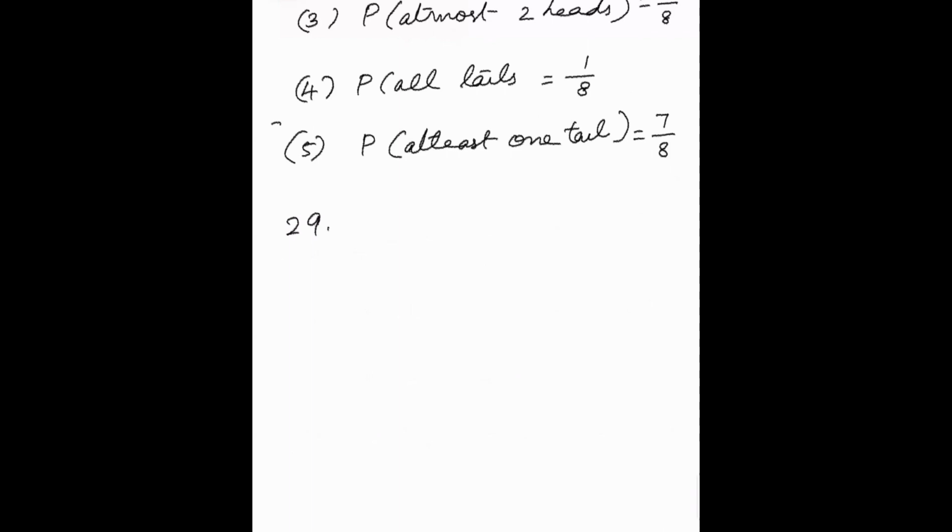Next question is, cards marked with numbers 1, 2, 3, 4 up to 20 are well shuffled. So first you write the sample space 1, 2, 3 up to 20. One card is drawn at random. What is the probability that the number on the card is a prime number? Which is the smallest prime number? 2.